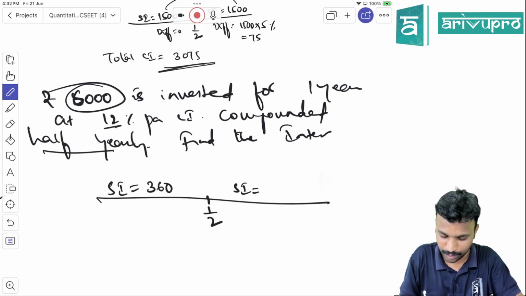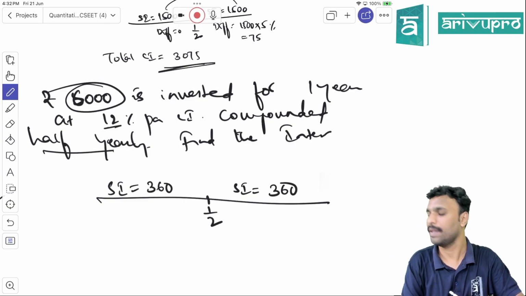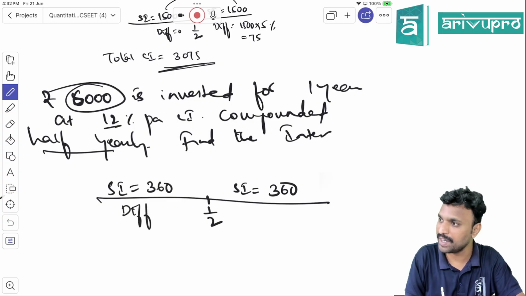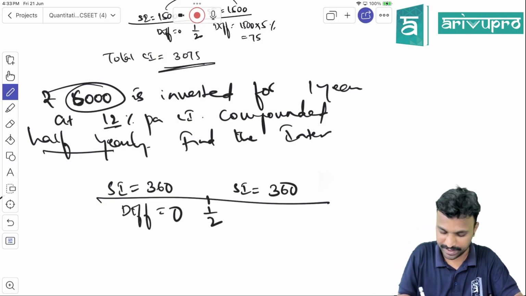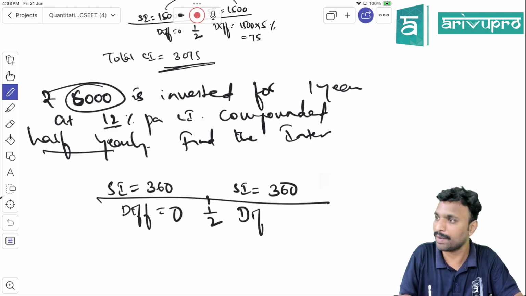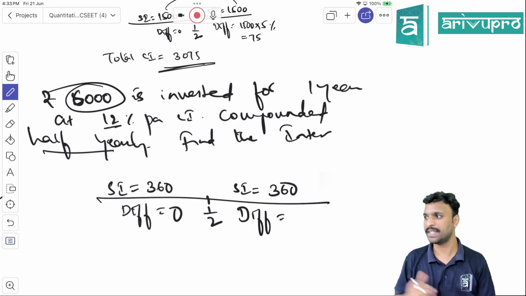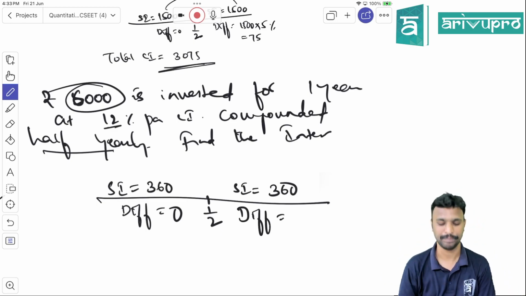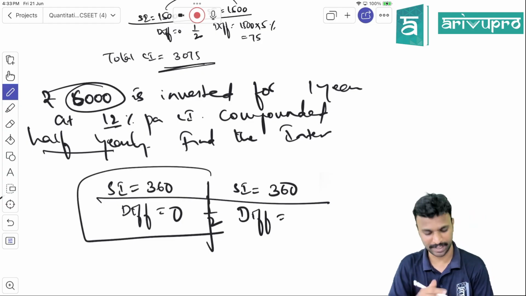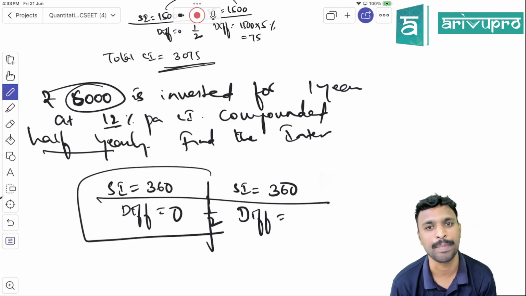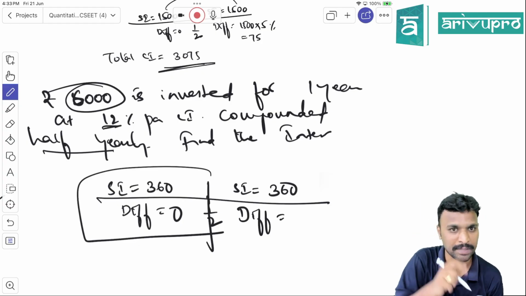Understood? This is also 360. Now the first half year difference is 0 because the principal is the same for SI and CI. But the second half year difference is going to be more. Definitely there's a difference. CI is greater than SI. How to find the second half year difference on 360? 12% or 6%?